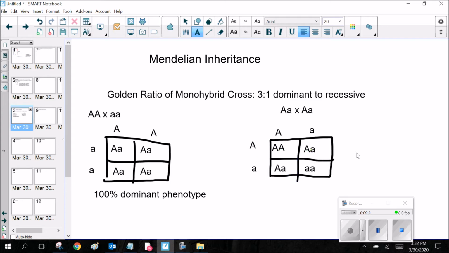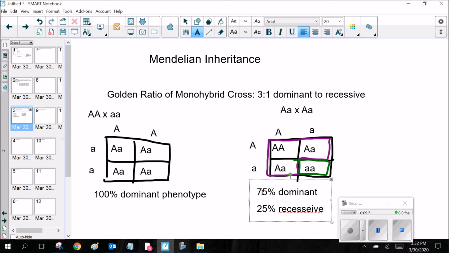And so what we see here happening is these 3 are going to have the dominant phenotype. Let's say that's purple. They're going to have the dominant phenotype because they have at least one copy of that dominant allele. And then these guys over here, let's say green is the recessive, these guys are going to have the recessive phenotype because they are going to have 2 small a's. So over here we have 75% is dominant and 25% is recessive.